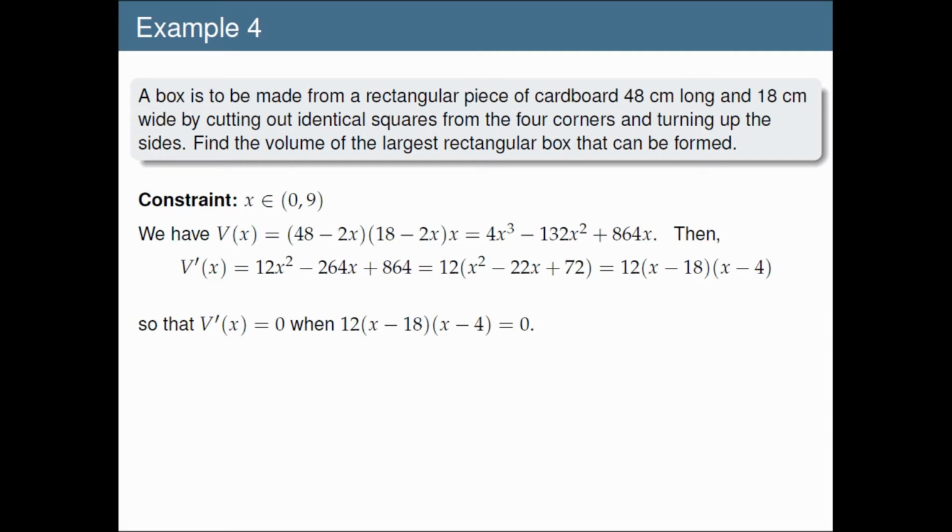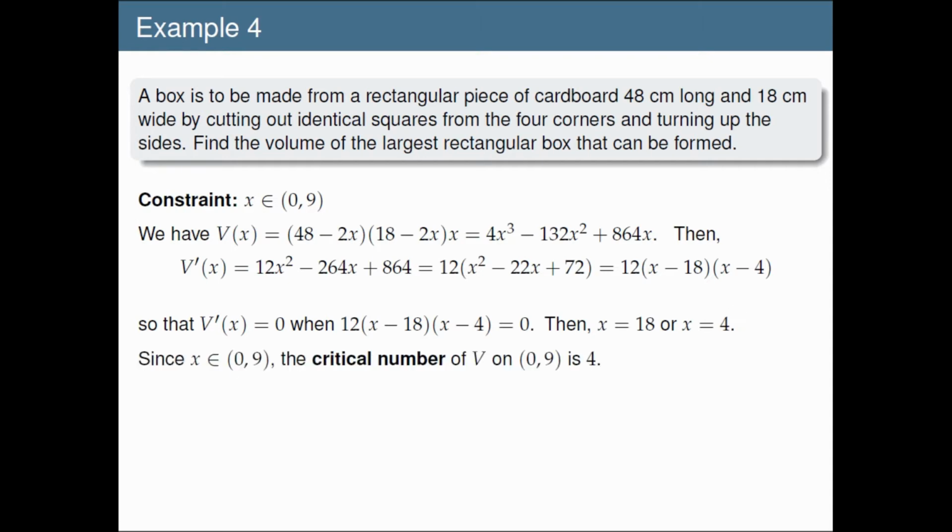Solving for x, we get 18 or 4. Pero yung hinahanap natin dito dapat nandito sa interval na to between 0 and 9. So x must be equal to 4. So the critical number of V on the interval 0 to 9 is 4. Okay?